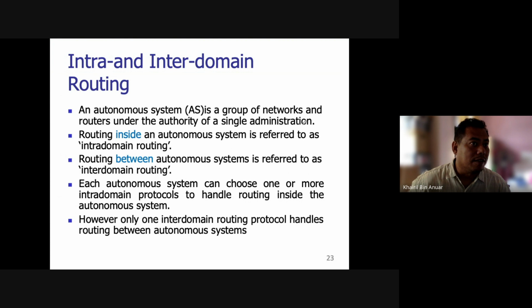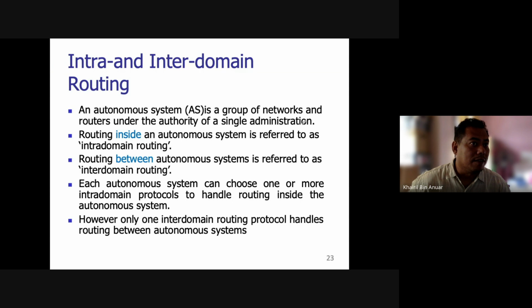In this term, autonomous means that if you have a group of networks and you are the owner of that network, then you have a single autonomous system, where you have a single authority or a single administration. So one autonomous system is basically one network governed by a single admin.